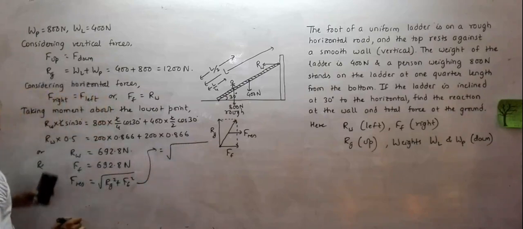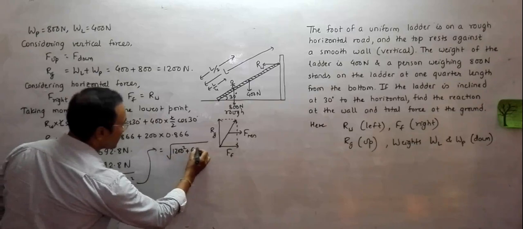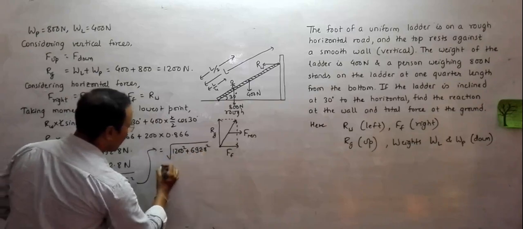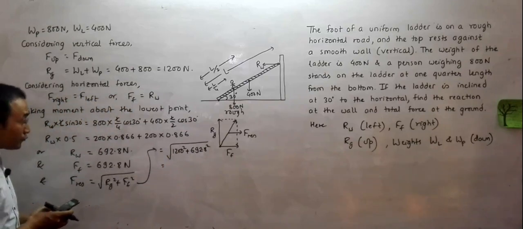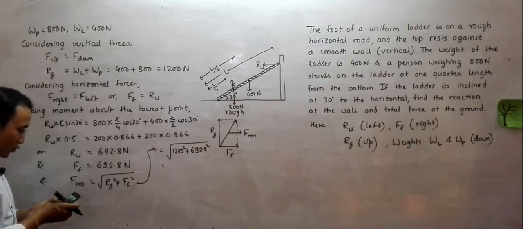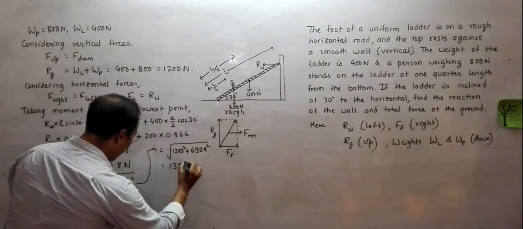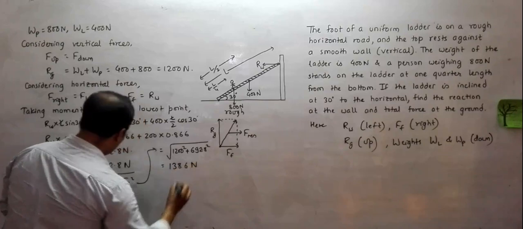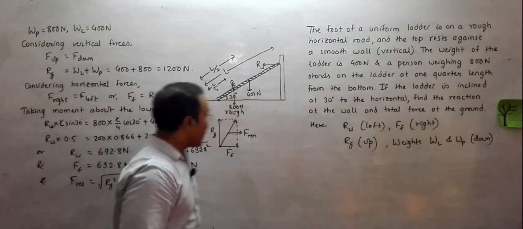RG is 1200, as you have got the value here, so it is 1200 square plus 692.8 square, and that will be equal to 1386 Newton. So this gives us the resultant force, this is the total force.